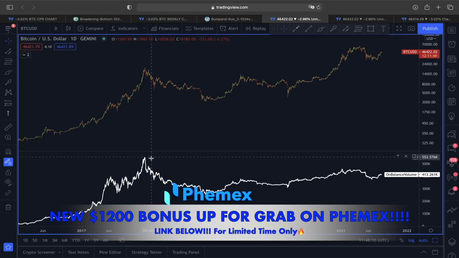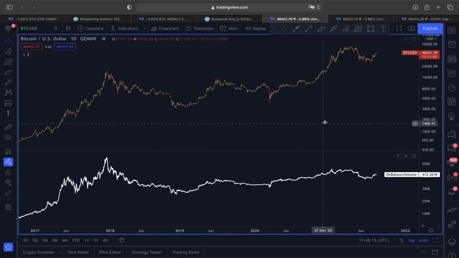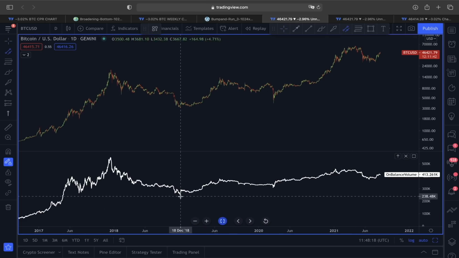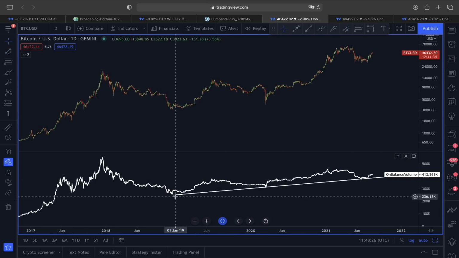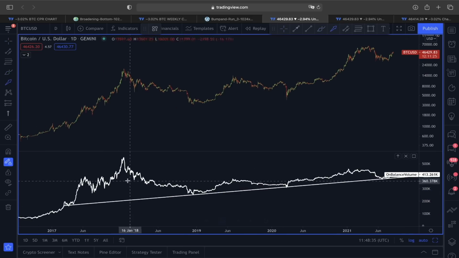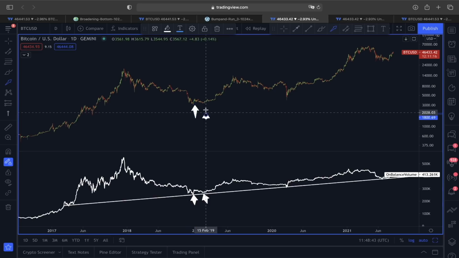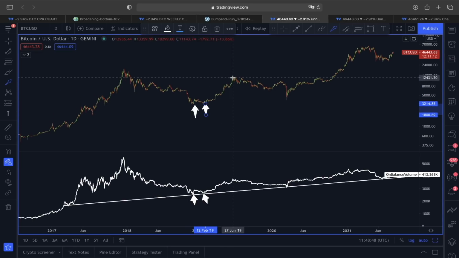If you combine this with the price action of Bitcoin, you can see when the on balance volume came and retested this rising trend line, that was an area where we were bottoming, and after that we could start a new rally to the upside.